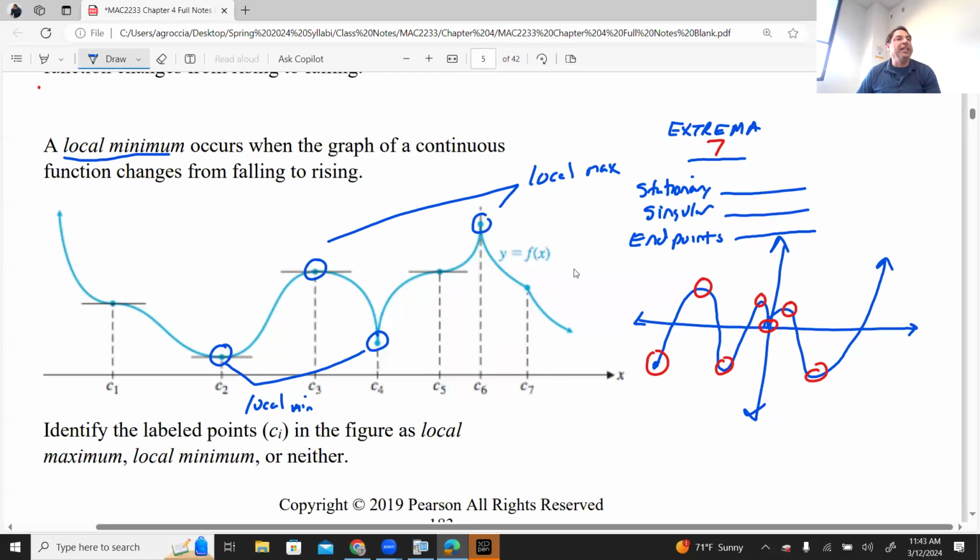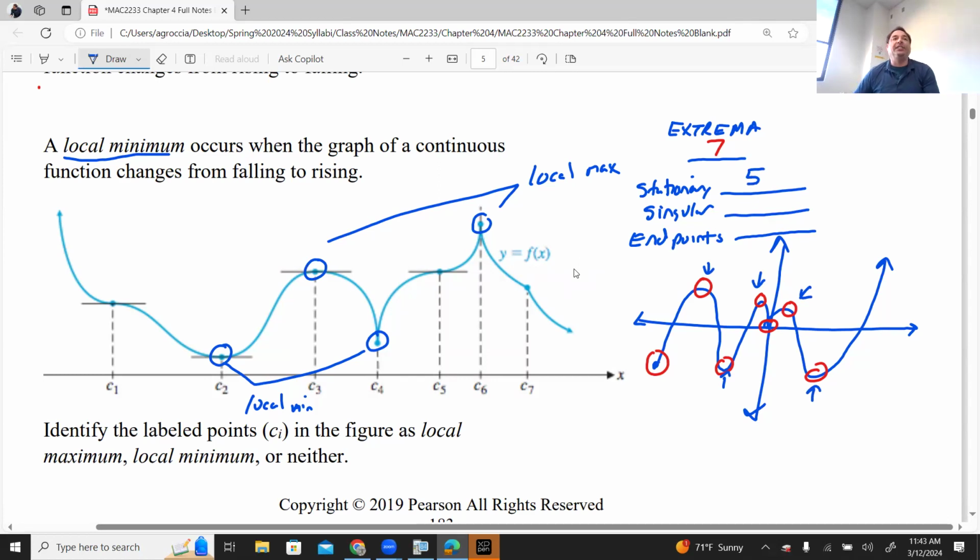Stationary is your typical high and low. This would be a stationary 1, stationary 2, stationary 3, stationary 4, and this would be a stationary 5. So we have 5 stationary.